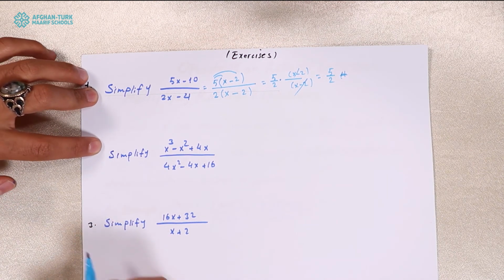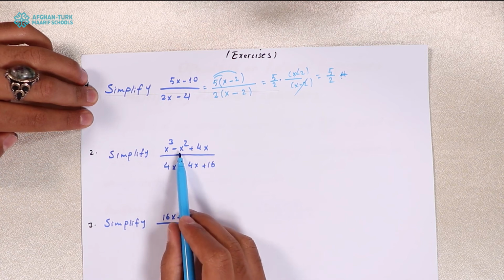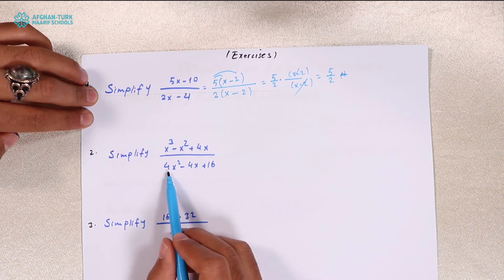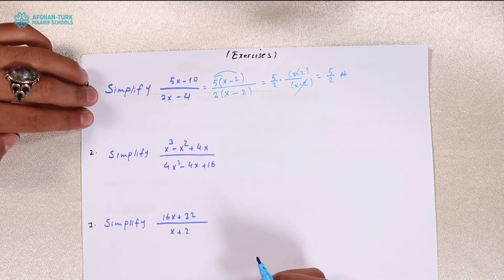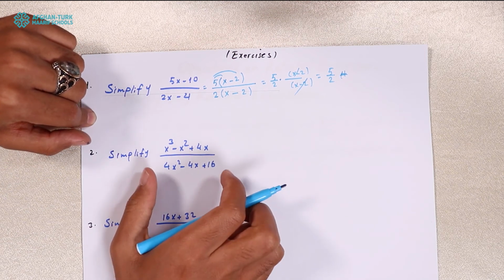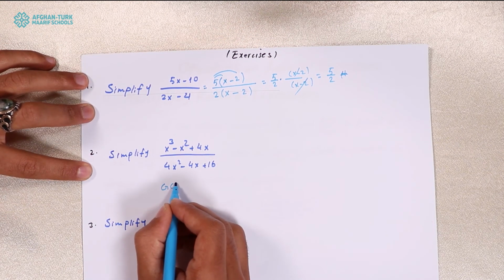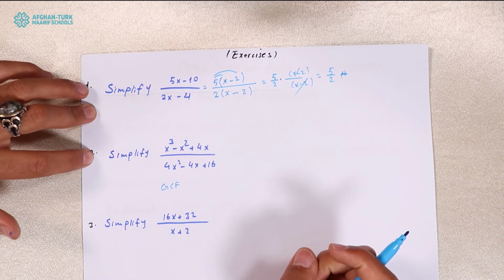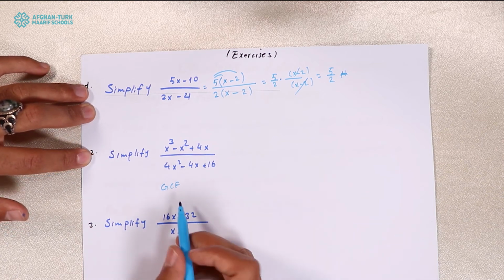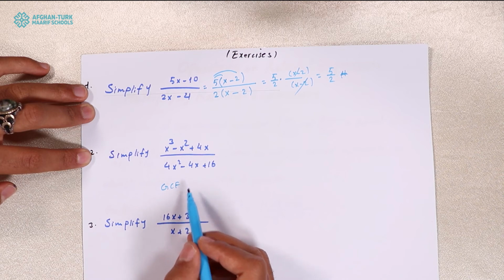Look at the second question. Simplify (x cubed minus x squared plus 4x) over (4x squared minus 4x plus 16). Let me check, what is the GCF, the greatest common factor? In order to factorize, we can find the common factor from the greatest common factor.